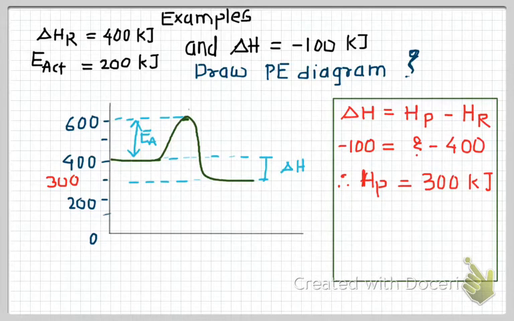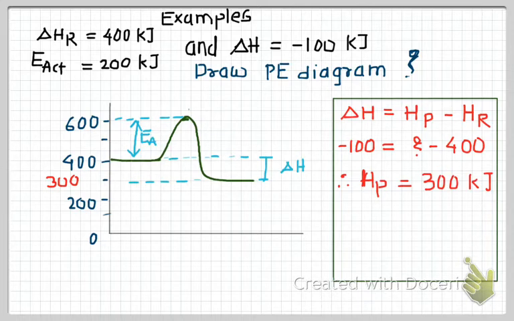Now consider the example for exothermic reaction. Given that enthalpy for reactant is 400 kilojoule, energy of activation is 200 kilojoule, and also the change in enthalpy, that is heat of reaction, is minus 100 kilojoule. So we need to draw the potential energy diagram.